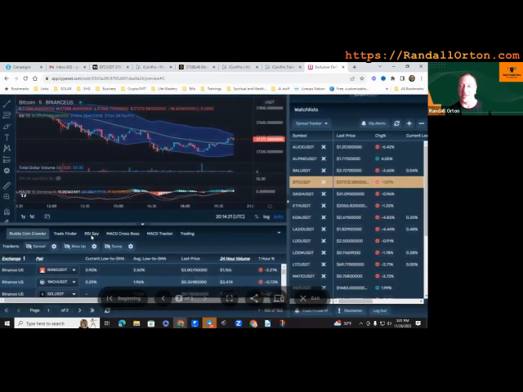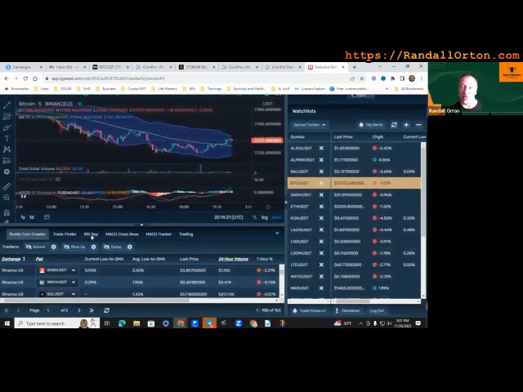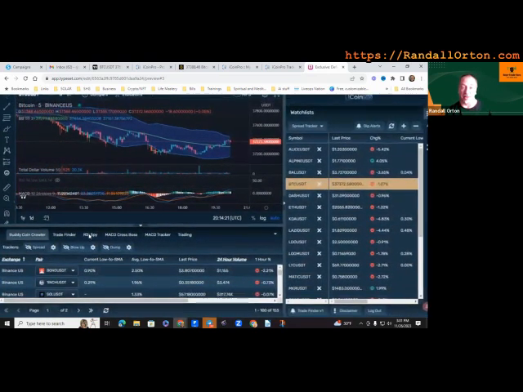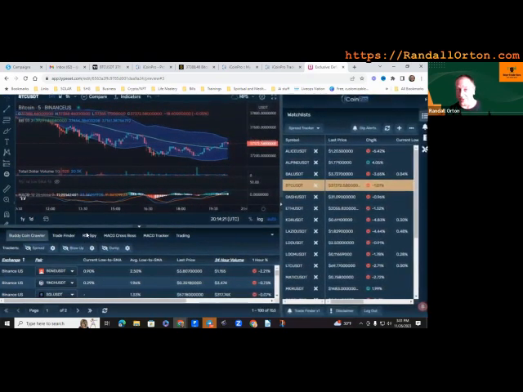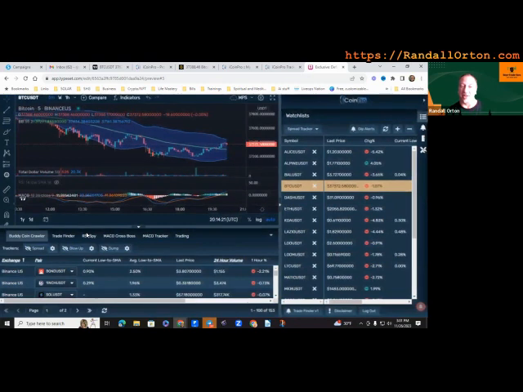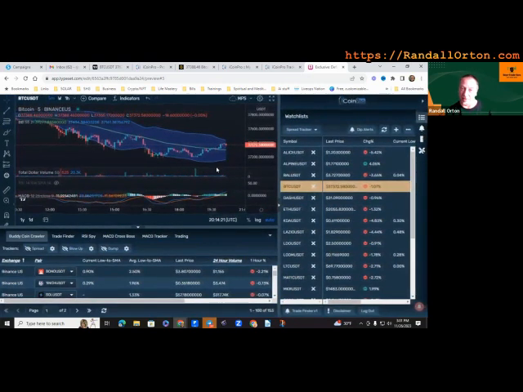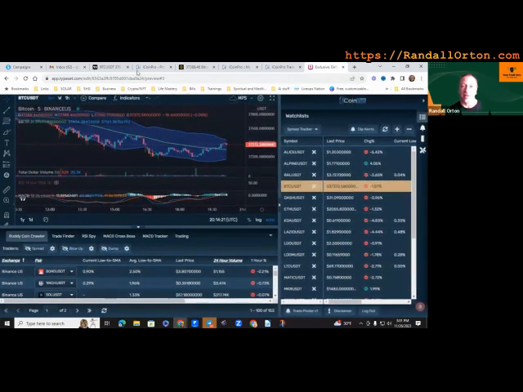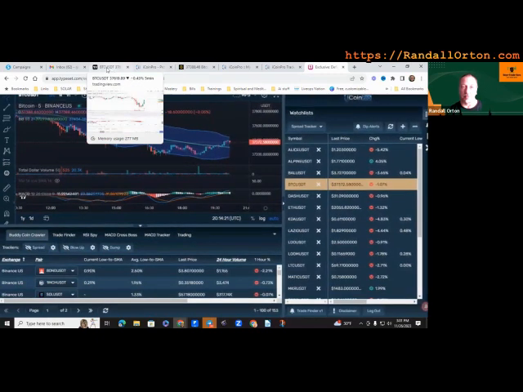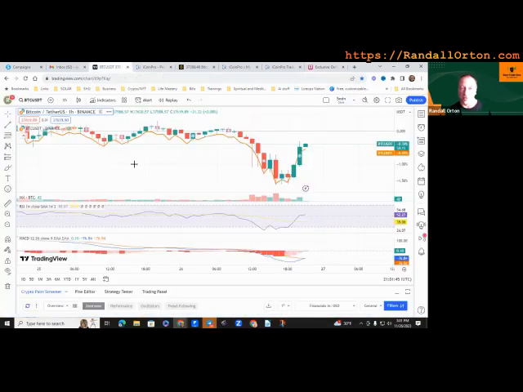Same with RSI Spy. It's exactly what it says it is. It'll spy when a crypto pair is starting to fall beneath the lower RSI band. It doesn't show it on this chart. You can see it on TradingView.